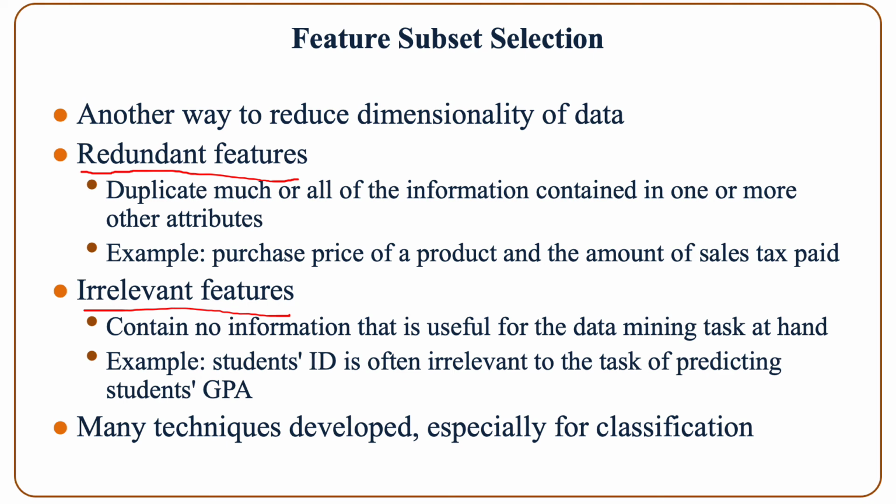For example, when we have purchase price and in another feature we have the amount of sales tax paid. Irrelevant features contain no information for modeling. For example, student ID is irrelevant for predicting GPA of students.